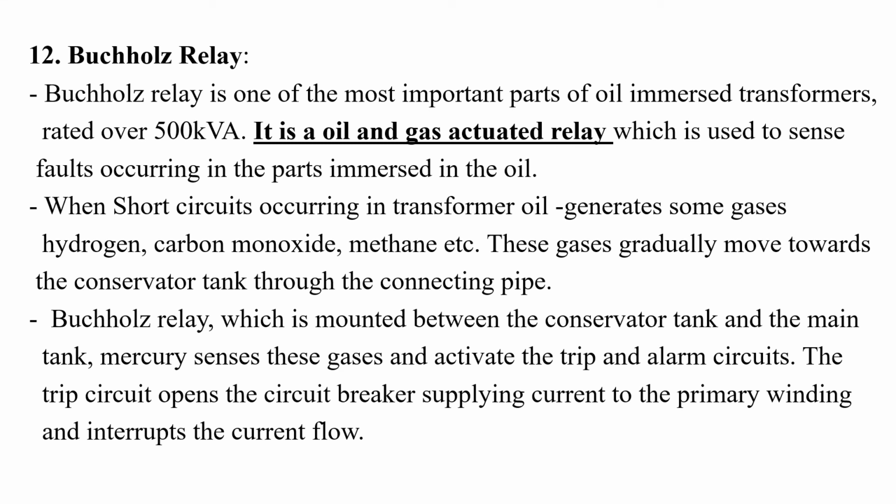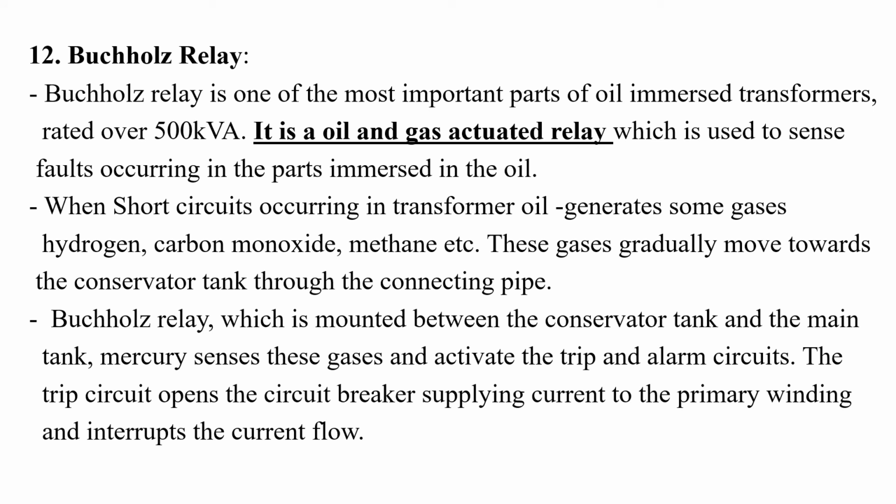So the formed gases will slightly move towards this Buchholz relay, and there will be a mercury sensor there. Based on the range of this fault, that means if the fault is not severe, then these gases will activate the trip circuit or some alarm circuits. Then we can identify that some fault has occurred in the transformer main tank.